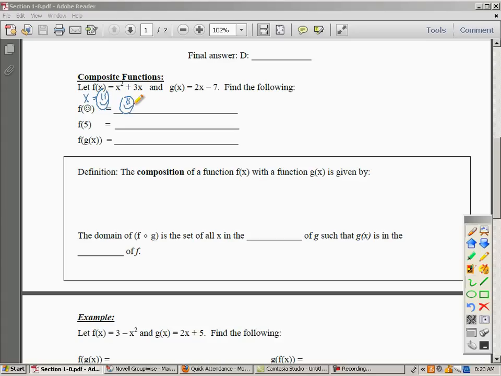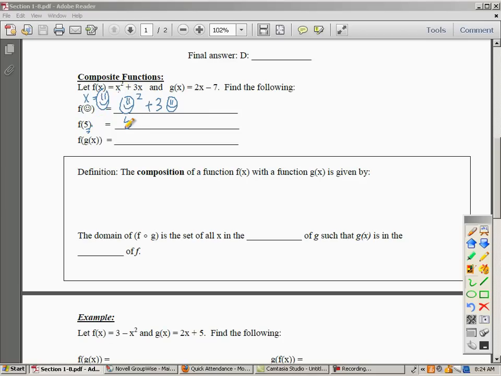I take smiley face squared plus 3 times smiley face. I do this truthfully just to make a point, that you're taking whatever value is there and plugging it into your original function. So the second one says f of 5, and we're going to put the 5 in where each of the x's are.